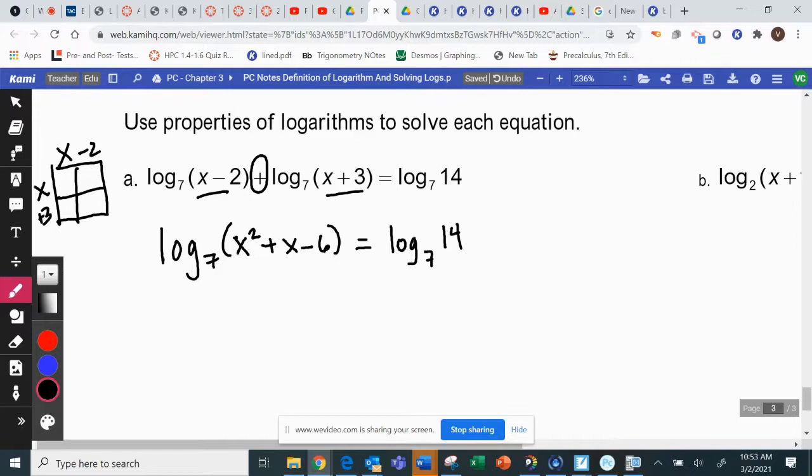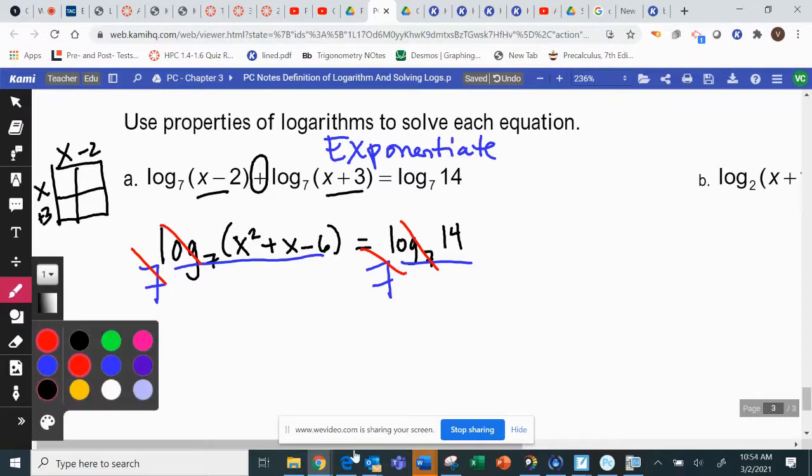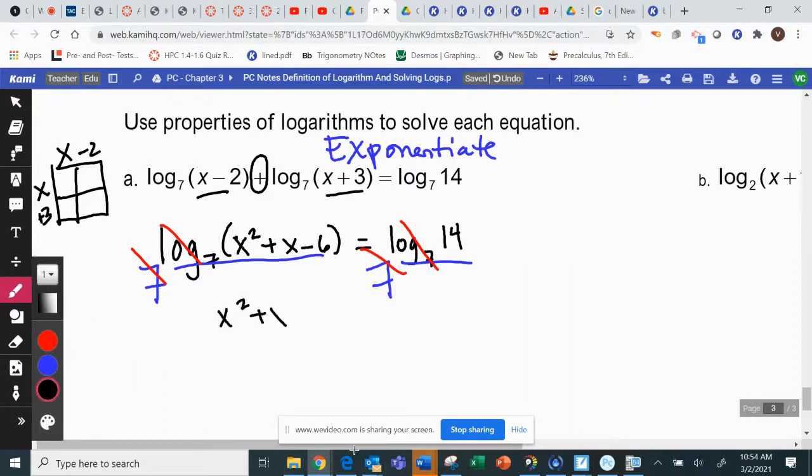Now we're going to solve this equation and I need to get rid of a log of base 7. So what is the inverse of a log of base 7? 7 to the, does anybody remember that term that I said that you do to both sides when you do 7 to the? It starts with an E. Yeah, exponentiate. Exponentiate both sides. So we're going to do 7 to the on both sides. 7 to the is going to cancel those, and we have x squared plus x minus 6 equals 14.